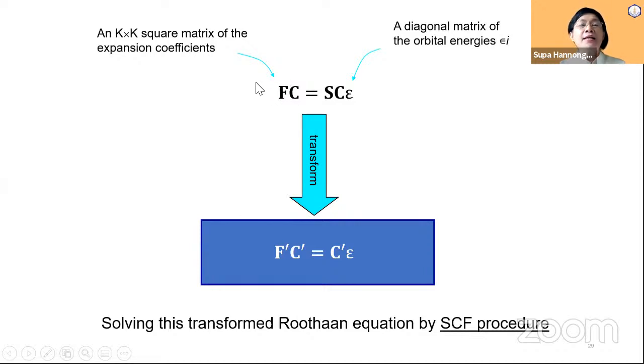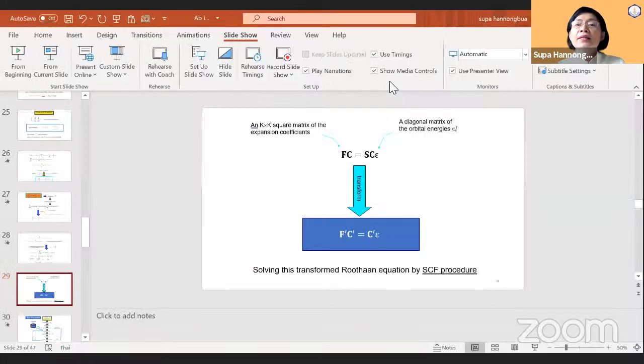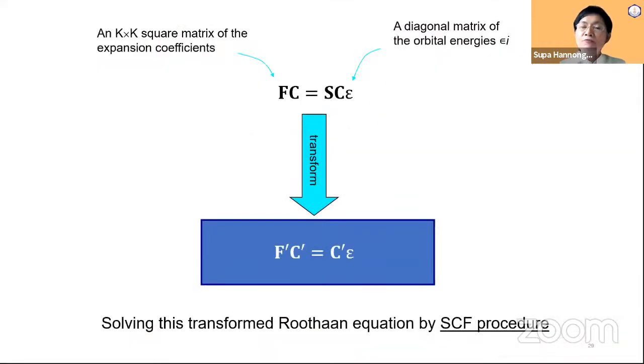Actually it is the K by K square matrix, and consists of the coefficient. And for the right hand side, it is the overlap integral term and the coefficient term, and this one is the diagonal matrix of orbital energy epsilon i, right? Even if we write it down in this way, if you look, it's still the eigenvalue equation, right?